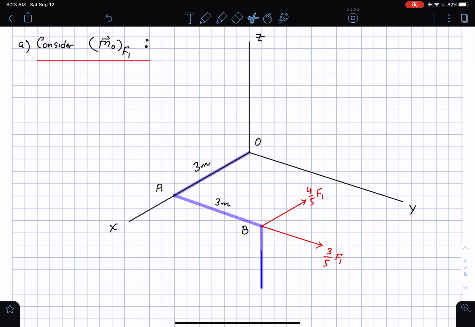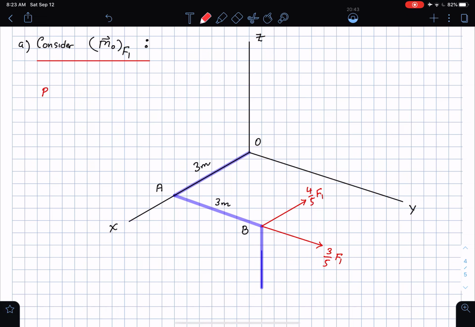Now this force, as you can see, is on the xy plane, which means that there is no z distance between this force and along the z-axis. Okay, so for the point B, this is something that you want to notice.